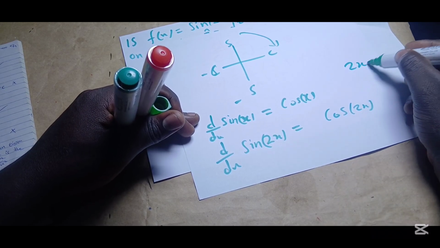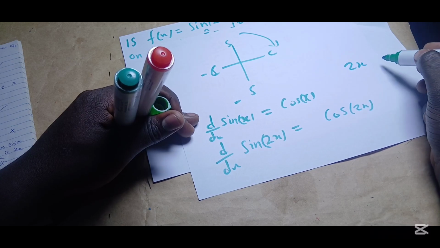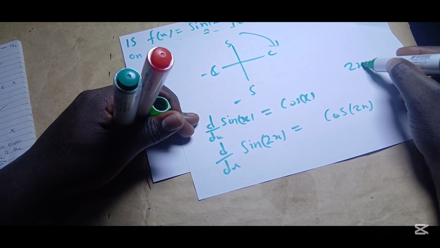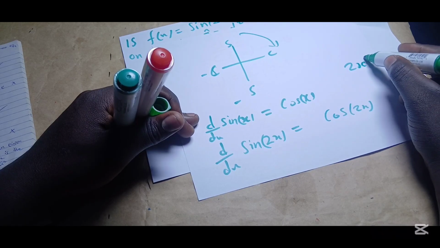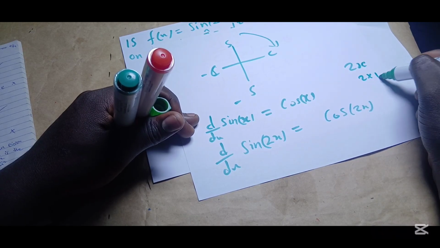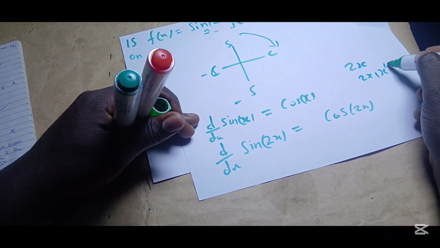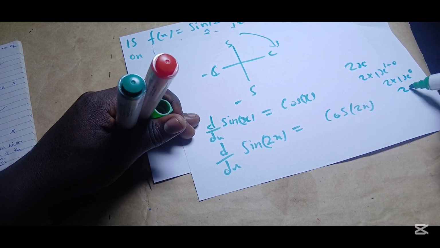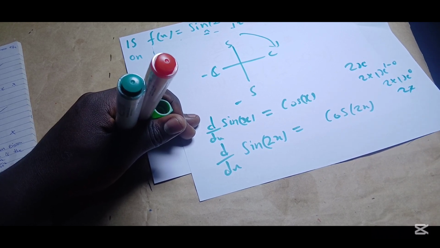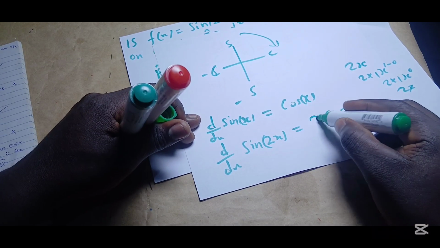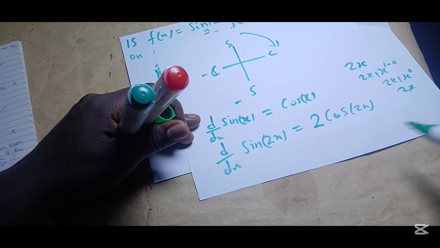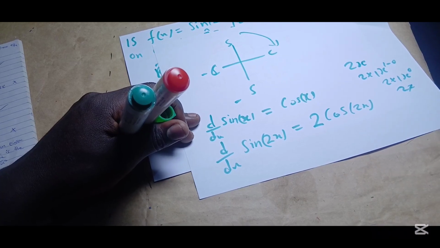So the derivative of 2x gives us what? Differentiating x to the power 1, we multiply by 1, so 2 times 1, and the power decreases by 1, giving 2 times x to the power 0, which is 2. We multiply the derivative of whatever is inside by what we got.